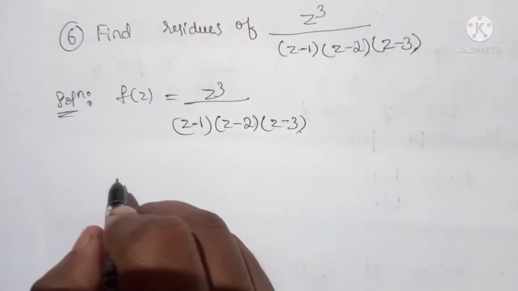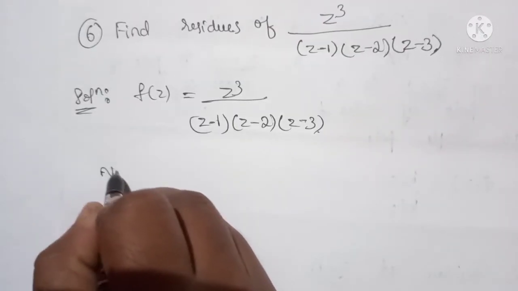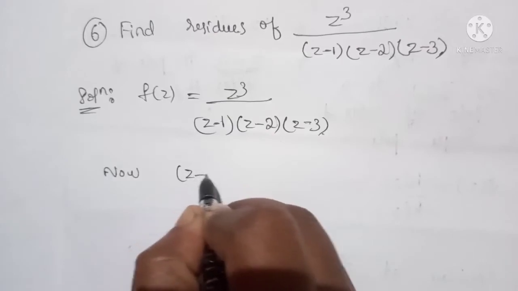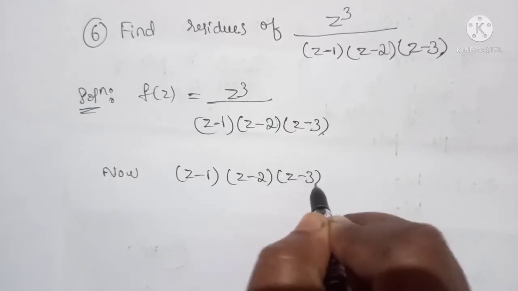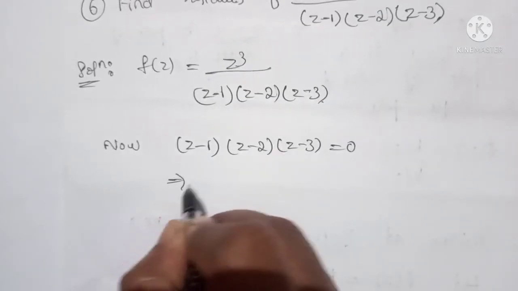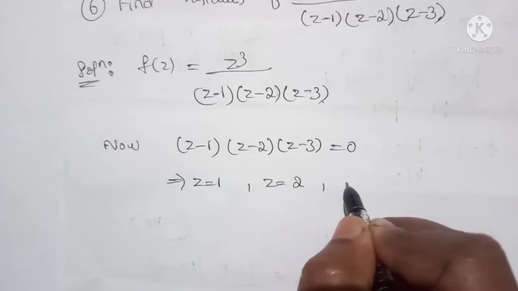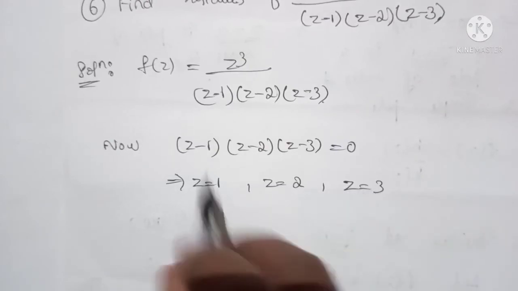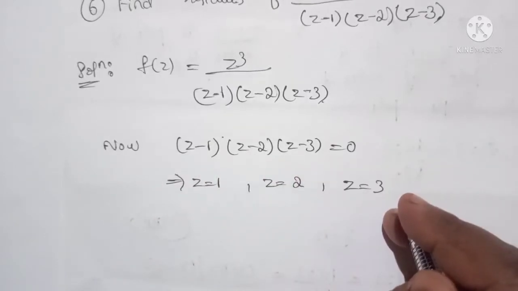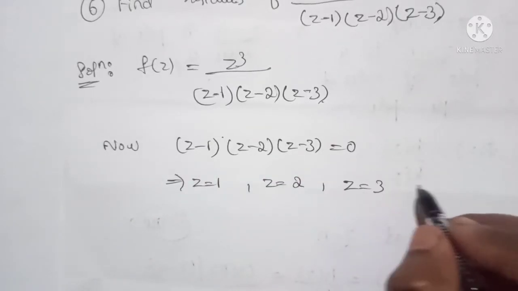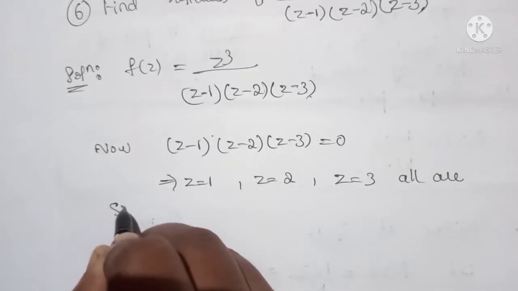Equating the denominator to 0, we get z equals 1, z equals 2 and z equals 3. You can observe that all are poles of order 1, all are simple poles.